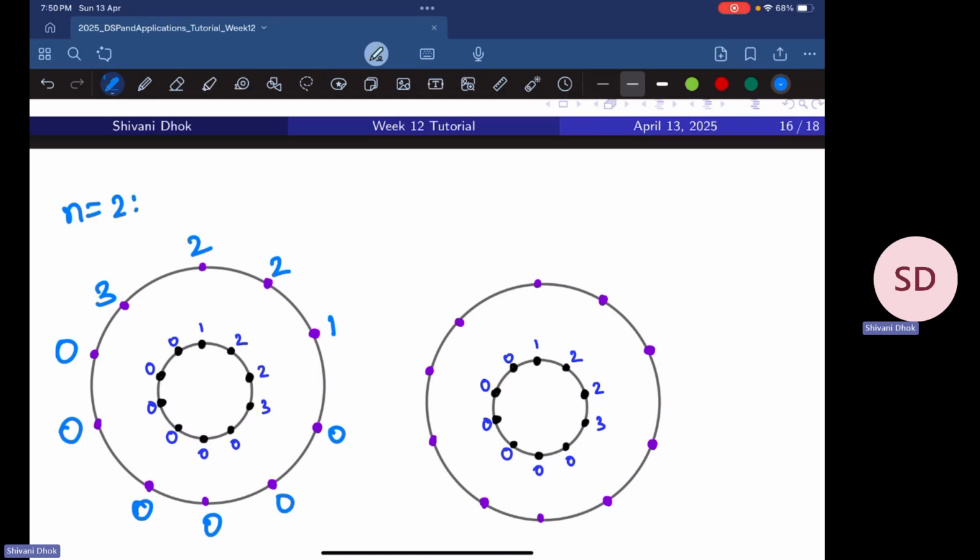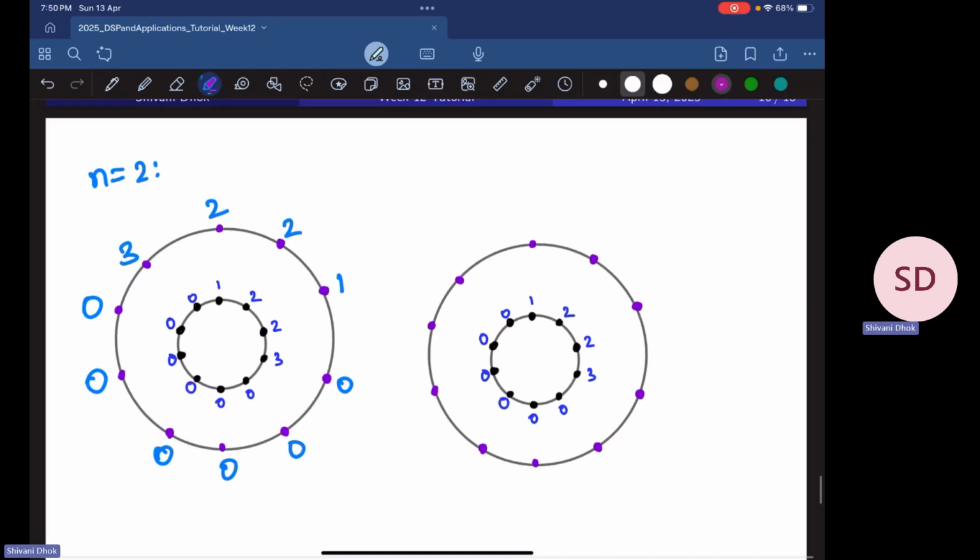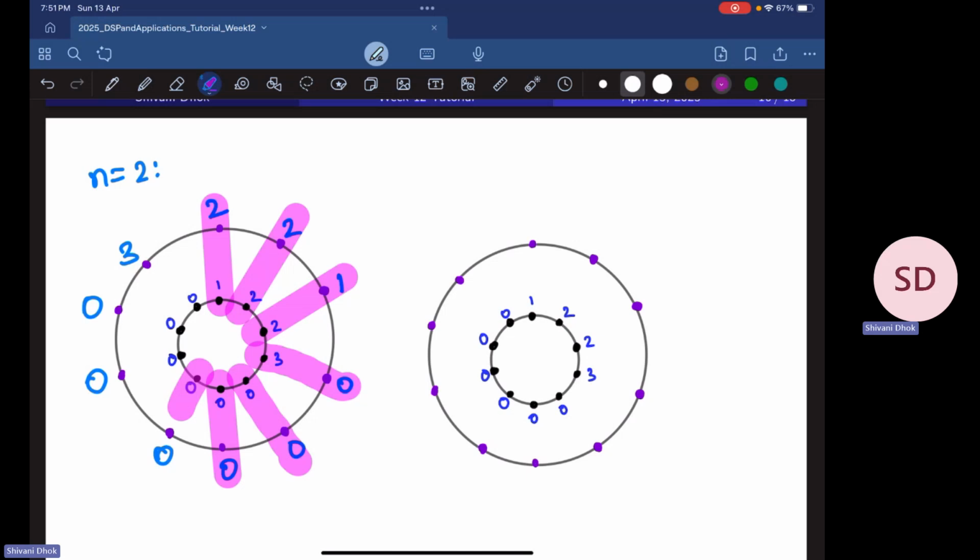Okay. So now we'll do the same story. We'll multiply element by element like this. So what do we get now?